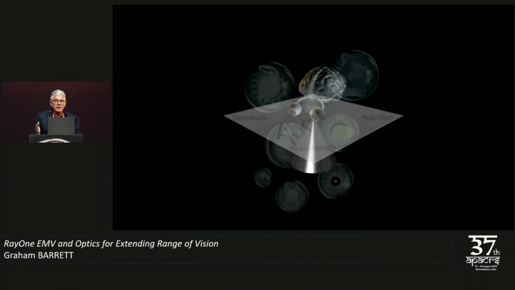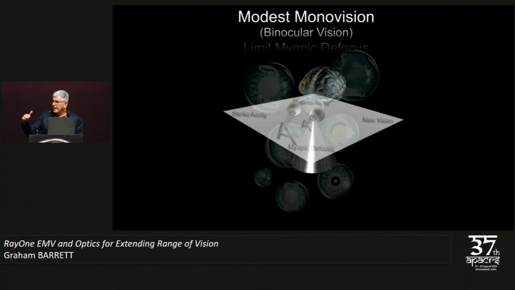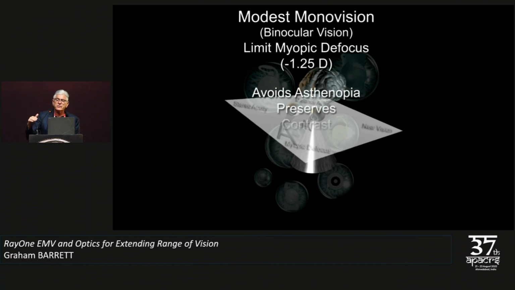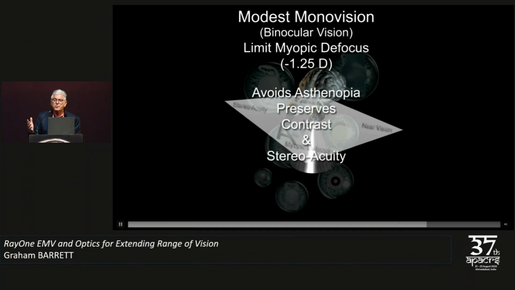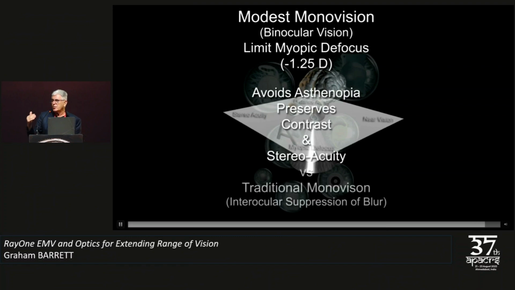If I did anything worthwhile, it's identifying an amount of myopic defocus, which I call the magic number, which is optimum. Because at -1.25 myopic defocus in one eye, you avoid asthenopia, and it preserves contrast and stereoacuity, as opposed to what was often practiced, which was traditional monovision at -2.